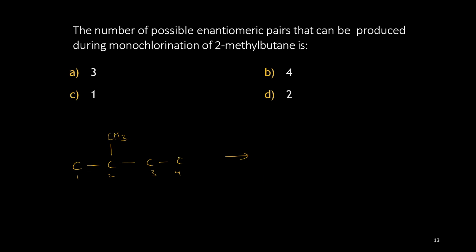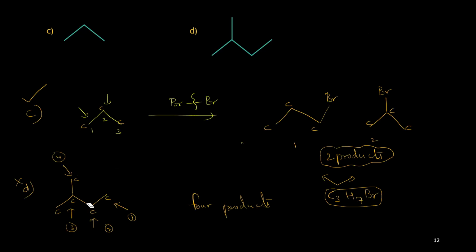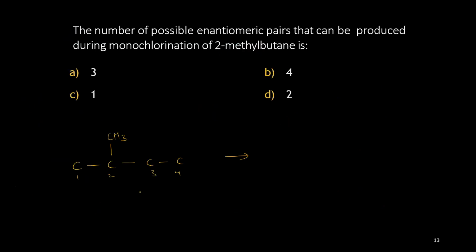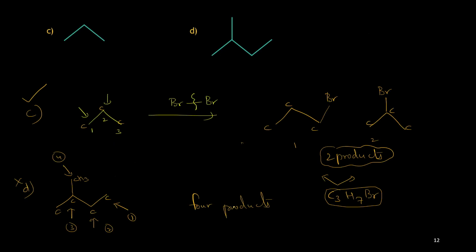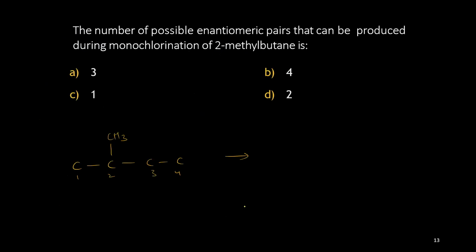I think this looks like the previous one, right? You can see here, this is the same product. There are 4 carbons, and on the second carbon, we have a methyl group. So nothing but 2-methyl butane. So how many products did I get here? 4 products. So what will be my answer? It's option B. Is that clear for everyone?